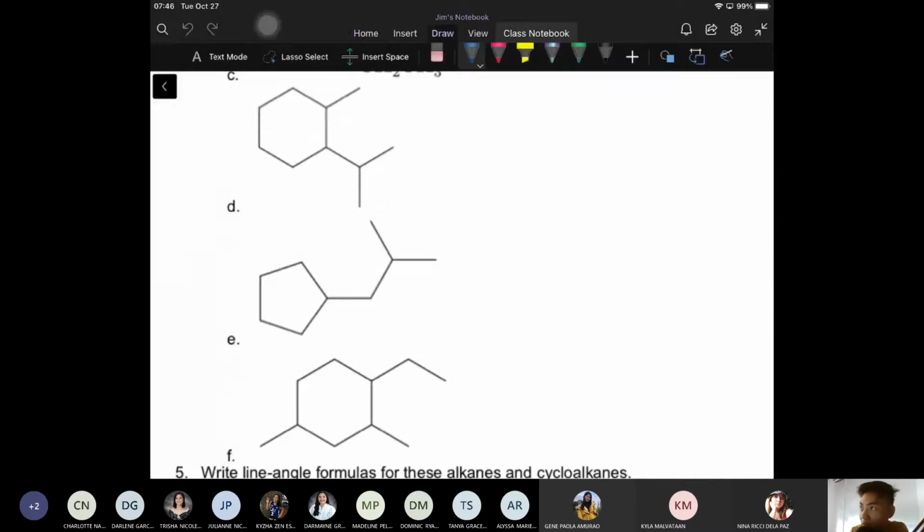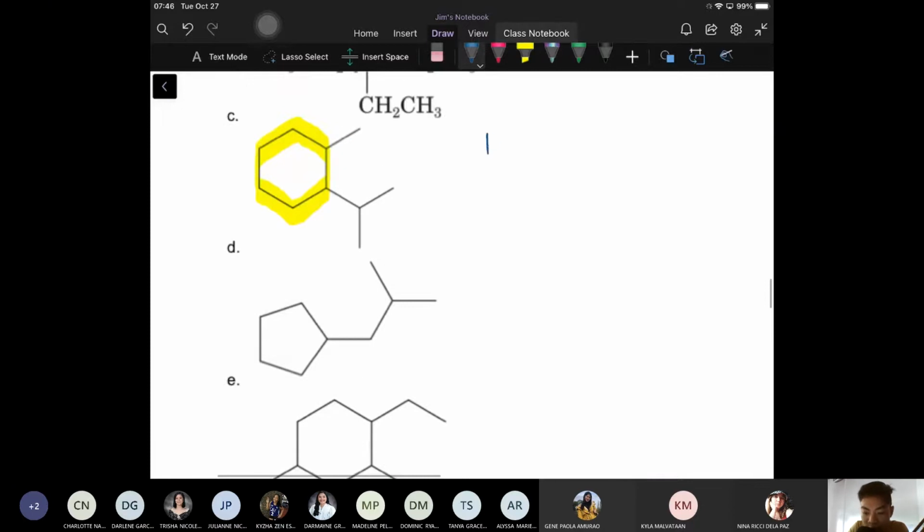So, okay, so let's have letter D. So, your cyclic ring here, ilang carbons meron dyan? 1, 2, 3, 4, 5, 6. No? So, this is your parent chain. Okay? So, 6 carbons meron dyan. So, your parent will be cyclohexane.